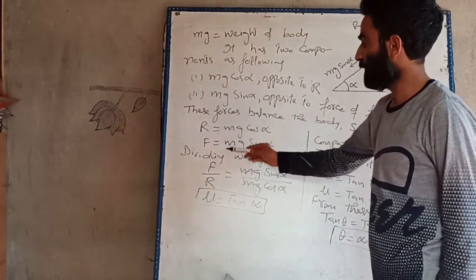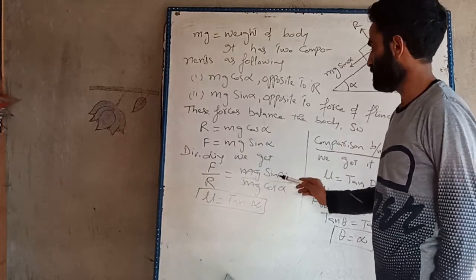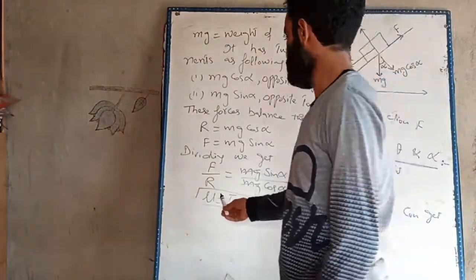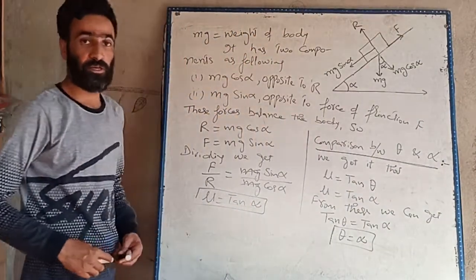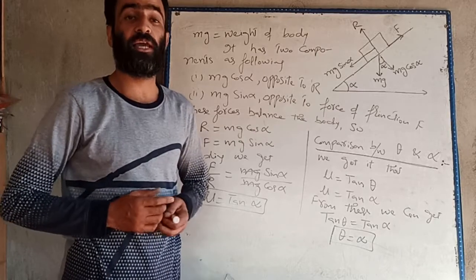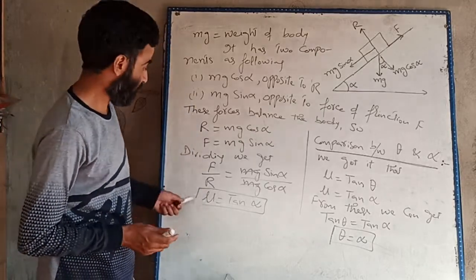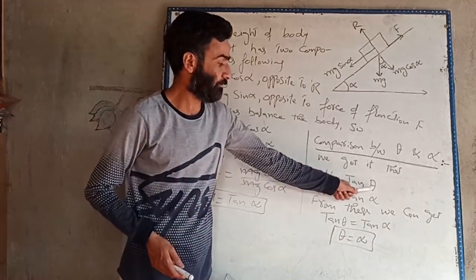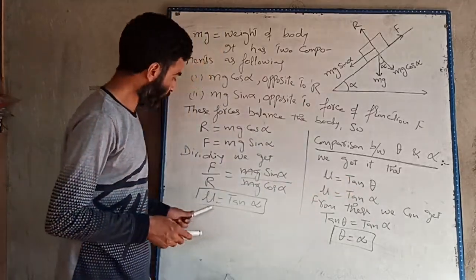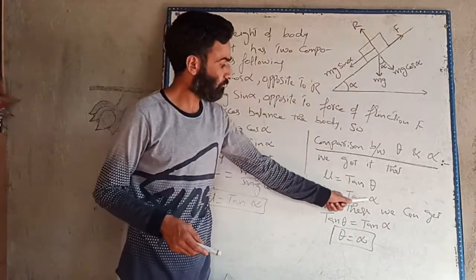So by dividing these two, we get F by R is equal to sin alpha by cos alpha, which is equal to tan alpha. So we again got mu is equal to tan alpha. In the first case, when we were taking into consideration the angle of friction, we got mu is equal to tan theta, because theta is the angle of friction. And now we again got mu is equal to tan alpha.